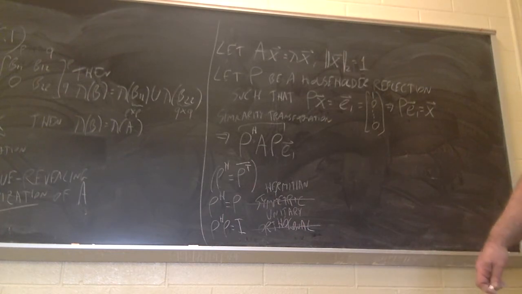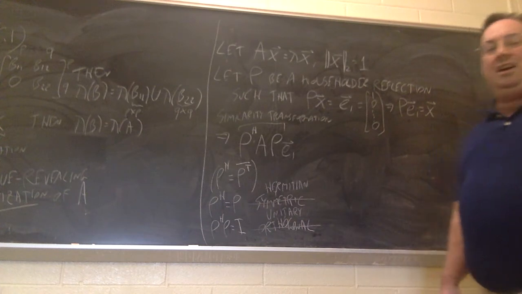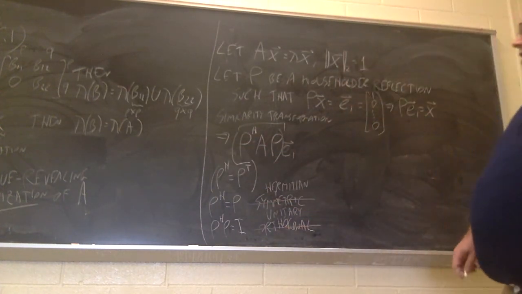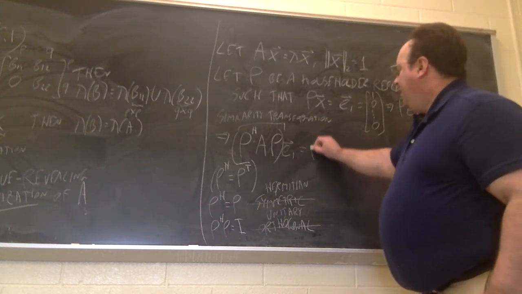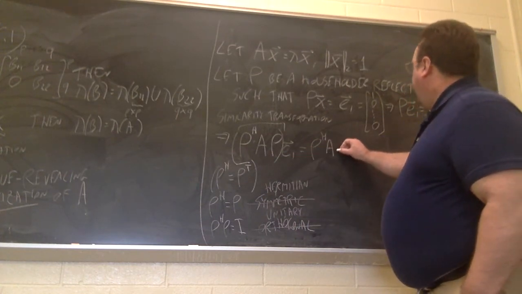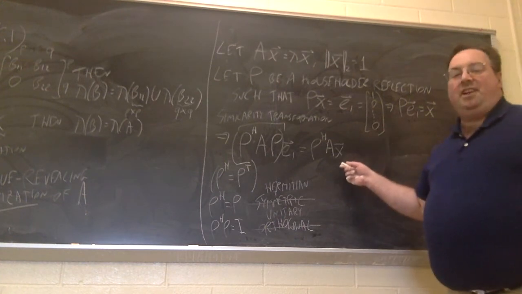What is E1? This is the first column. Yeah, so therefore I'm getting what here? The first column of this matrix. Okay. Now, using the fact that P E1 is equal to X, it's going to give me P^H A. So P E1 is X. But X is an eigenvector.